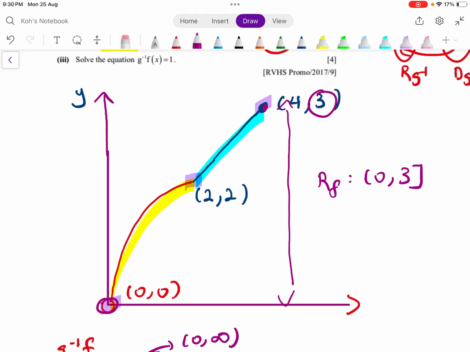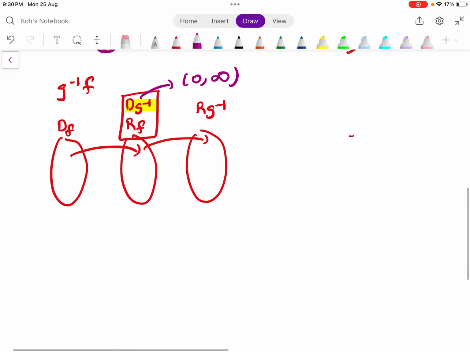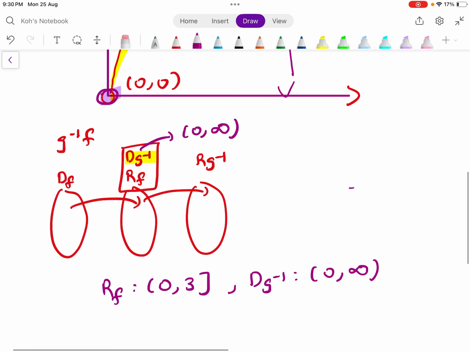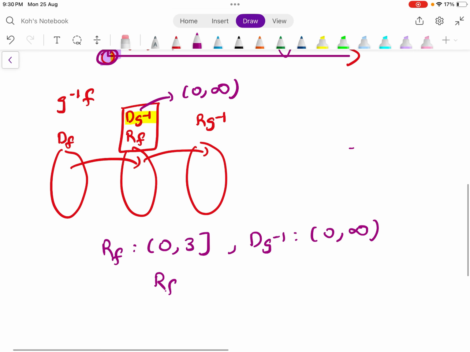So the range of f is 0 to 3 inclusive. Then my domain of g inverse is 0 all the way to infinity. So definitely the range of f will be a subset of domain of g inverse. So that is for this part.